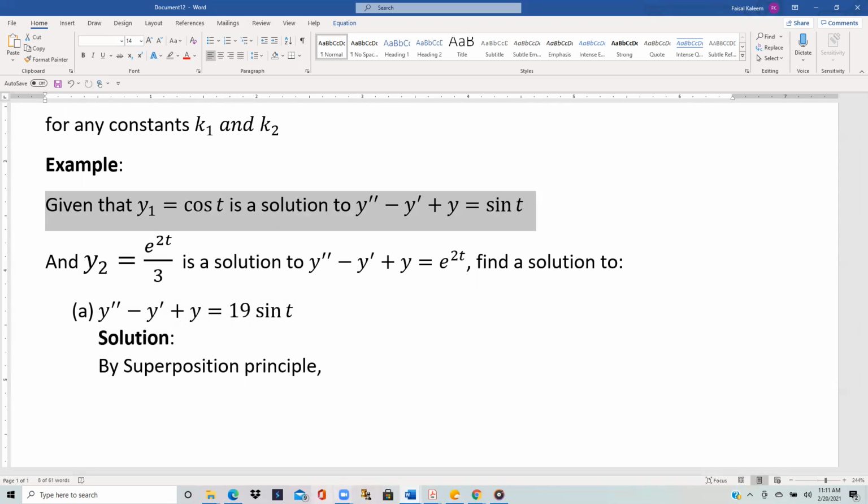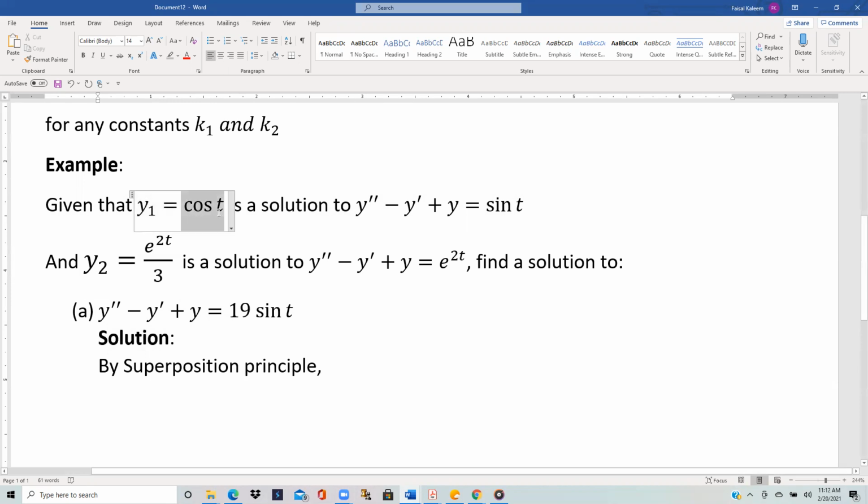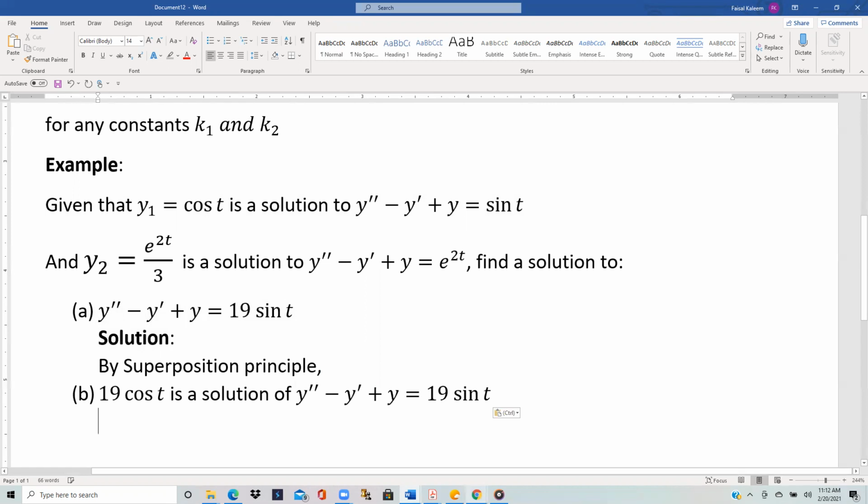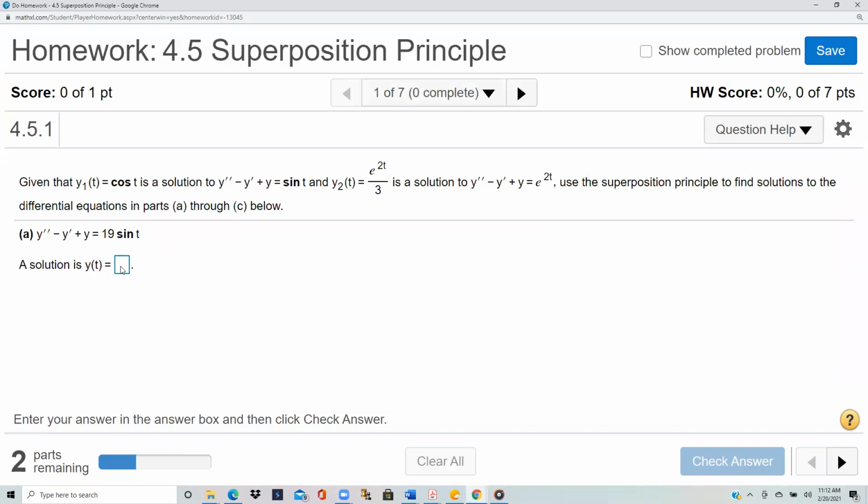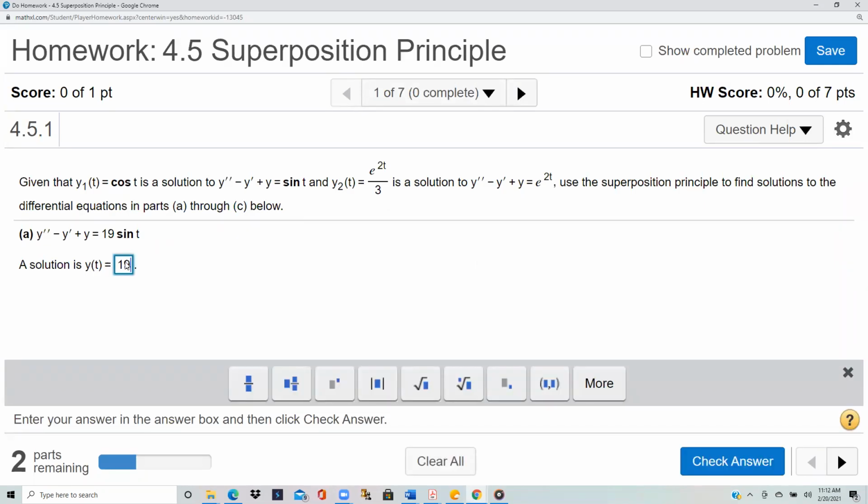So we can just say 19 cos t is a solution of this one. Okay, so let's enter this. 19 cos t.